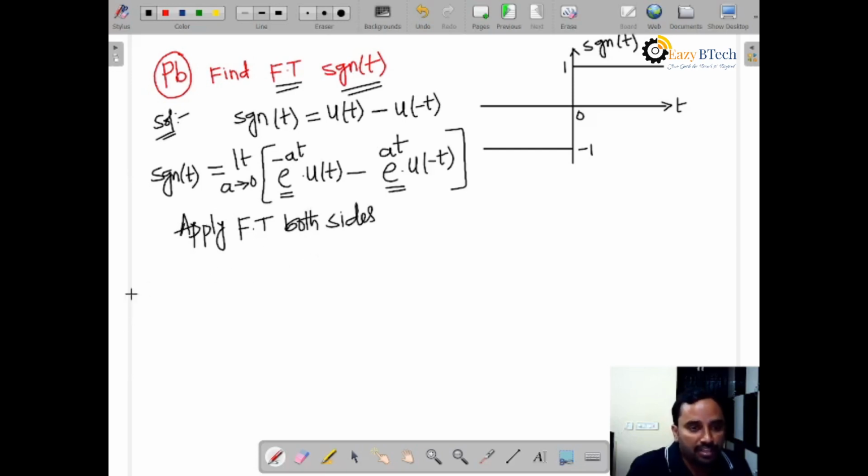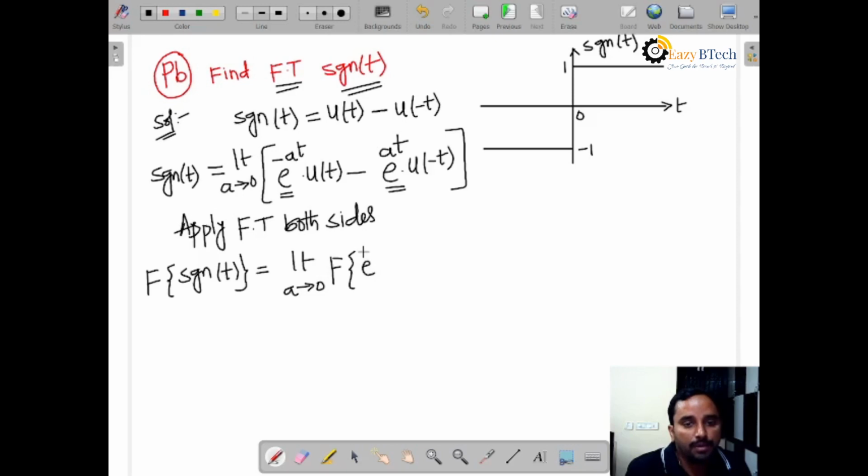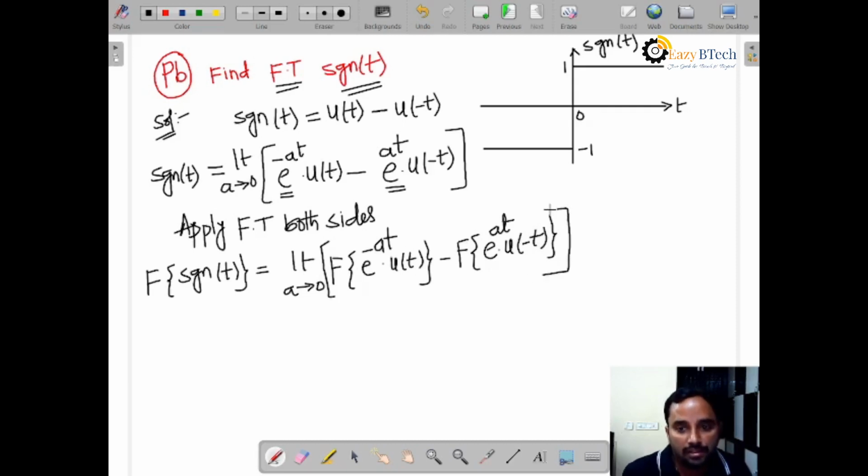So if you take Fourier transform, the Fourier transform of signum function is equal to limit a tends to 0 of the Fourier transform of e power minus at u of t, I am just taking Fourier transform both sides, nothing else, then minus Fourier transform of e power at u of minus t, and this limit a tends to 0 is for both the brackets, right?